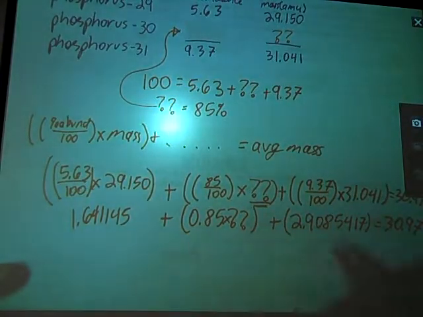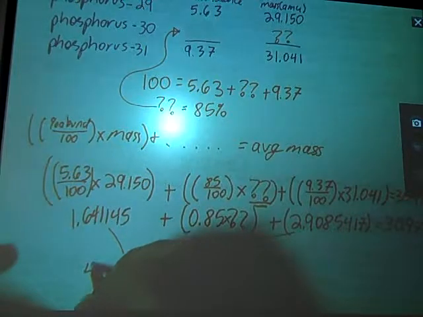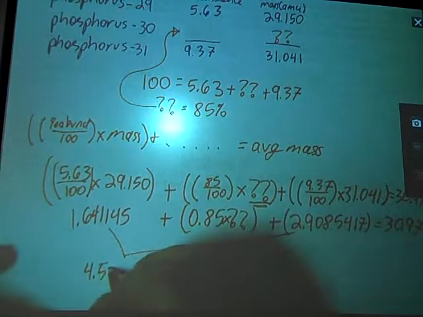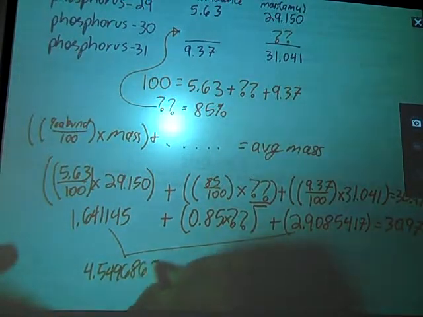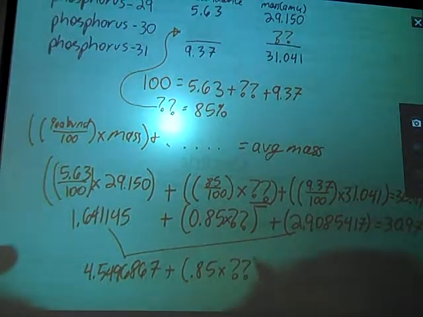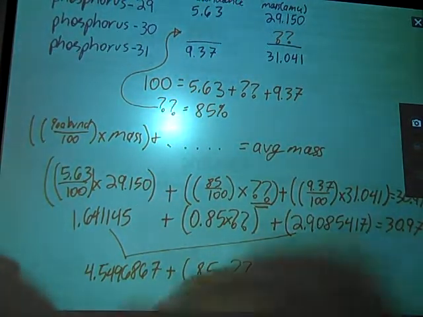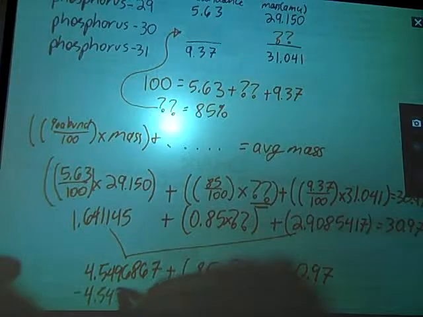So I'm adding these two numbers together, and I get 4.549667 plus our 0.85 times my question marks equals 30.97. Almost there. Subtract this big old thing from both sides.